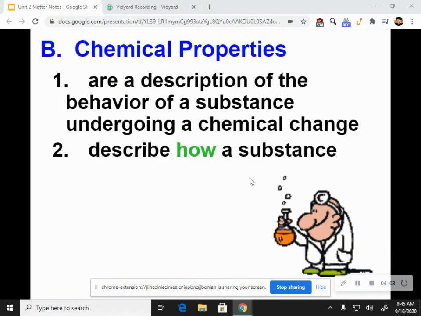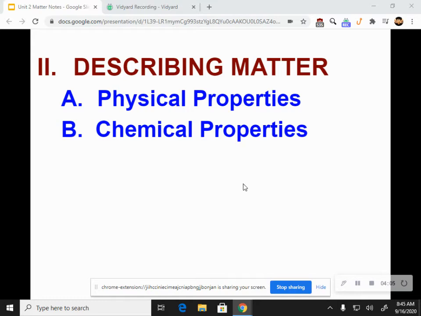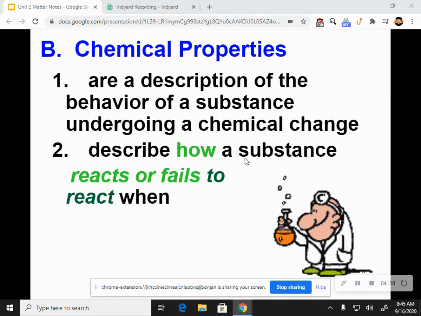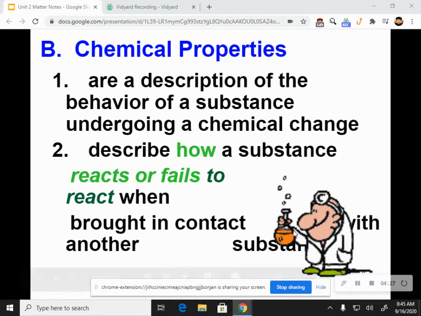So chemical properties are your other. So when we describe matter, we describe with chemical and physical. So chemical, of course, means that you are looking at the description of how a substance undergoes a chemical change. So how soluble it is, how flammable it is, how reactive it is, how it fails to react with certain things.